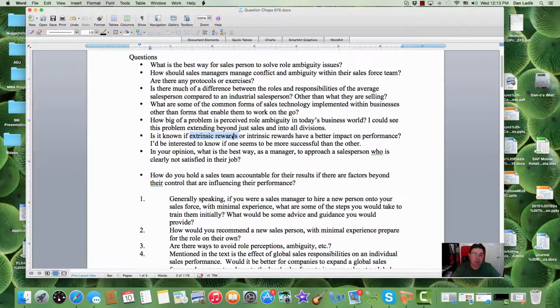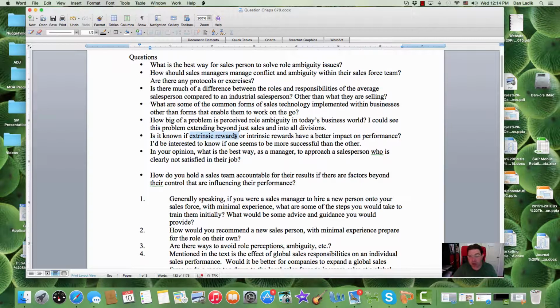They are a quantity. Intrinsic rewards are feelings of self-worth. Intrinsic rewards are being the employee of the month, the MVP, with no bonus or vacation pay tied to them. Intrinsic rewards are a pat on the back, a high five, a feeling of self-worth, a satisfaction that you have.